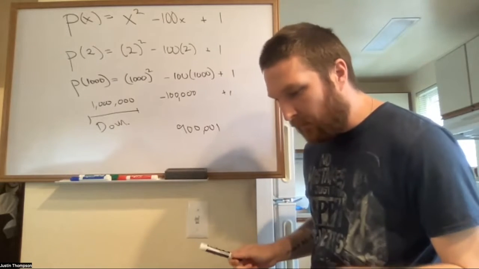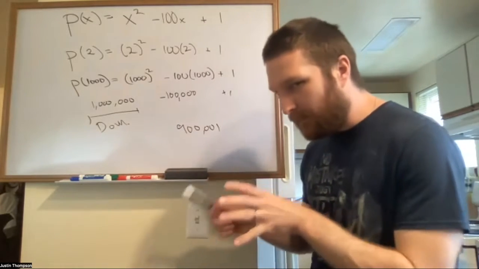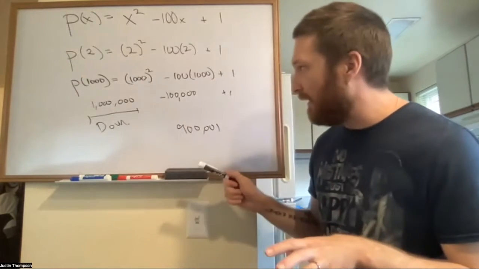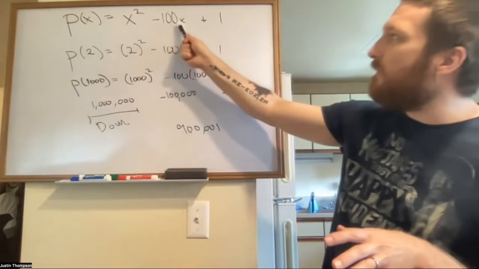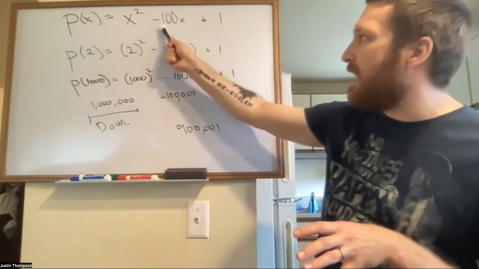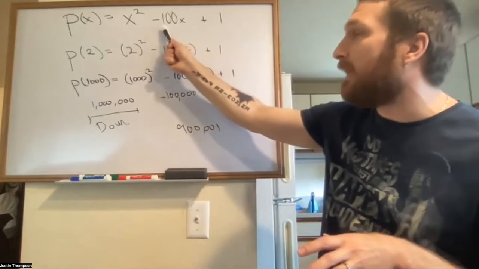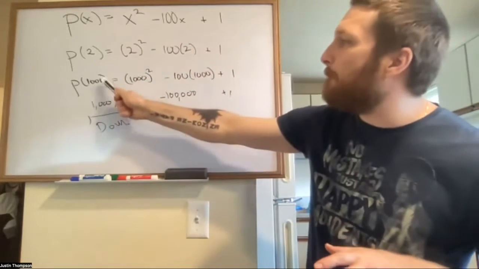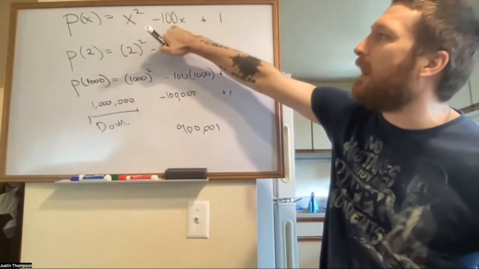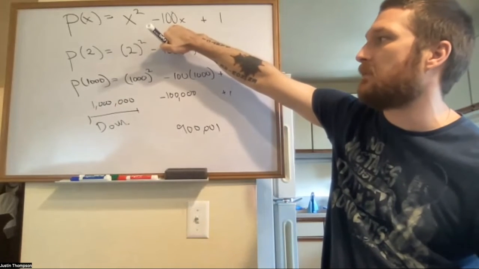The point, though, is that even though the coefficient out in front of the x term is very, very big, as we plug in bigger and bigger numbers, it doesn't matter how big that 100 gets.